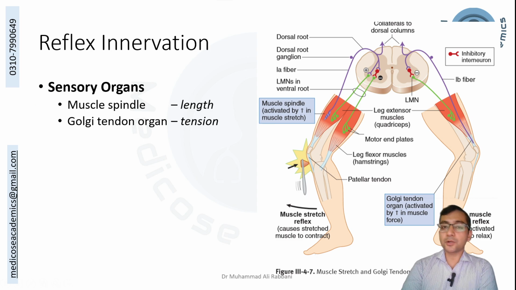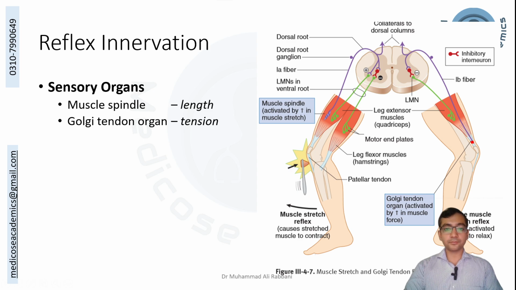The second are the Golgi tendon organs. These are not categorically shown here, but they are present in the tendons. They don't respond to the change in length, they respond to the change in tension. As the muscle contracts more forcefully, the tension increases and the firing increases.